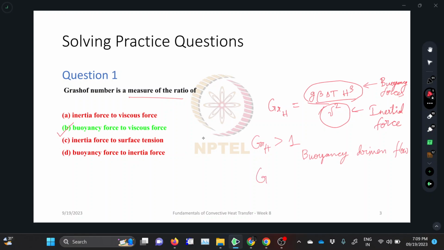And if the Grashof number is less than 1, then viscous forces would dominate.